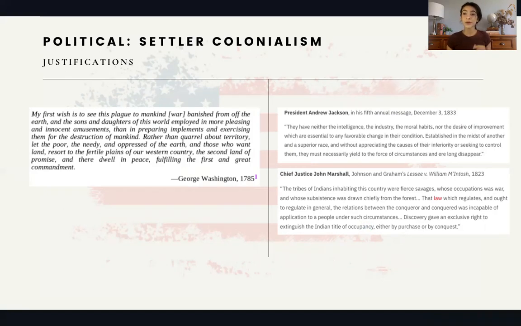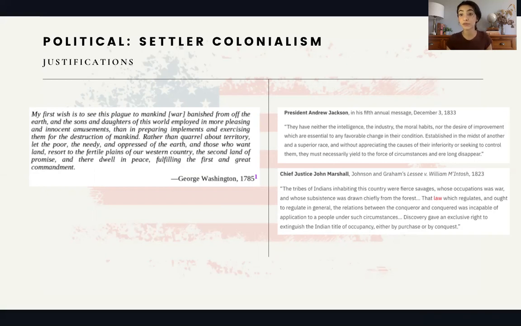So what we can think about here is the fact that it really wasn't their land to give. So what is the intention? Well, he's inviting white settlers to the United States for this mission of settler colonialism, occupation, and replacement of the native population.